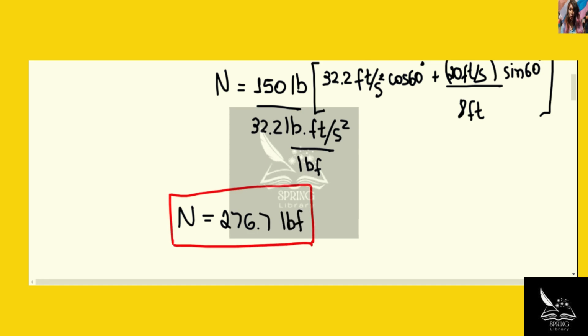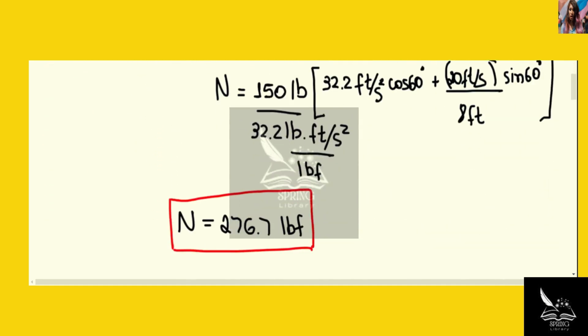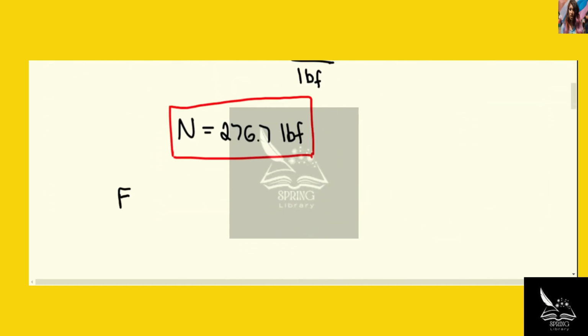Now we can find f. For example, I'm going to take the first equation here and isolate f in the equation. So we have that f times sine of theta is equal to mg minus n times cosine of 60.